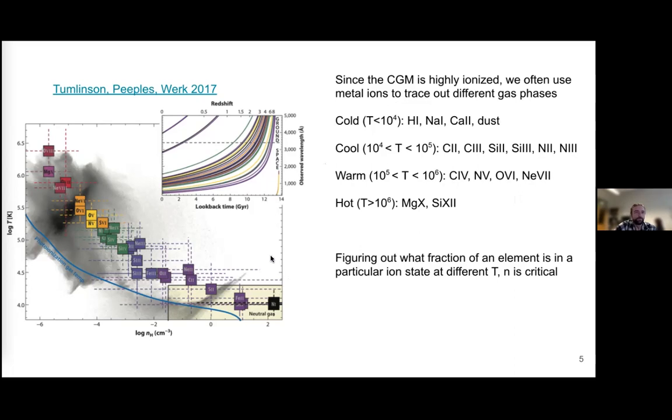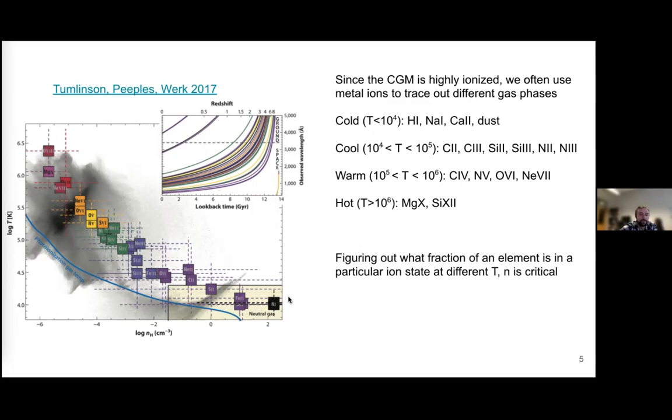So what we say is that this is a very sensitive tracer of gas state. If you see oxygen 6, you can say, oh, I know that that's in a cloud that's slightly more low density than an oxygen 5 cloud, because each of these points on here is its peak temperature and density. But this can be a little bit misleading, because what if you have gas that's not just along this line?